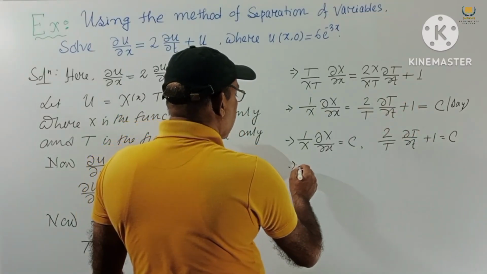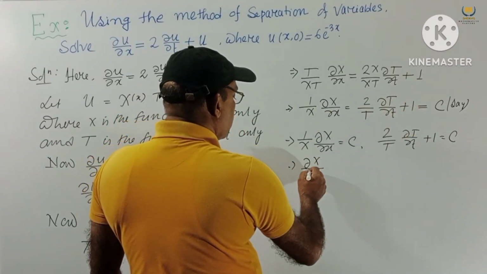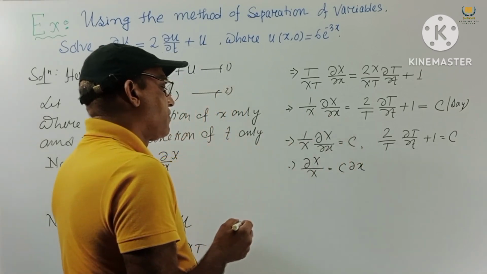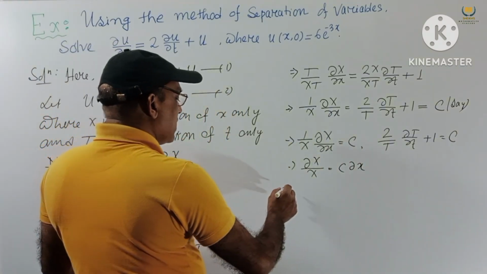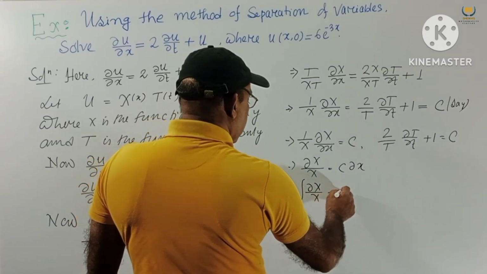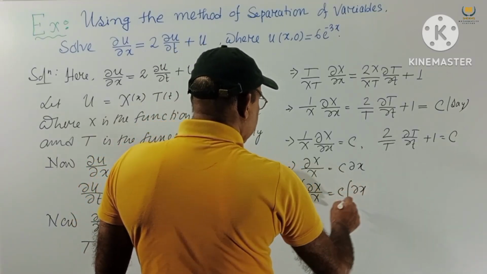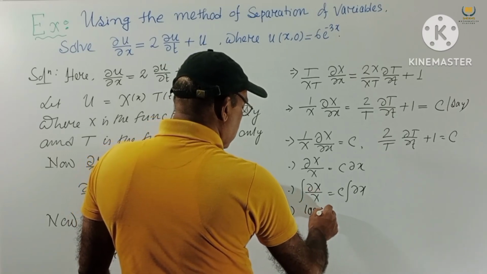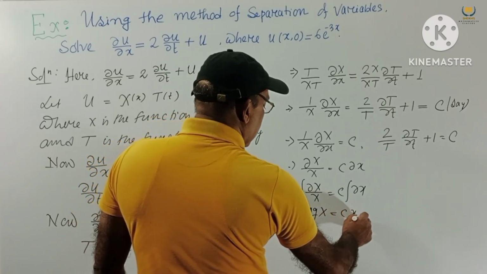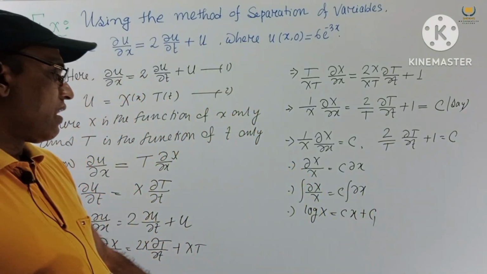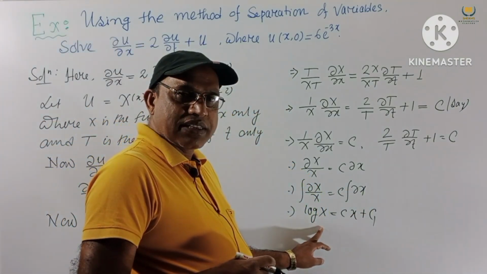So this implies ∂X/X = c ∂x. We integrate both sides. Integration of ∂X/X equals c ∂x. So this is log X and this is cx plus c1 we get. And log means here base is e.